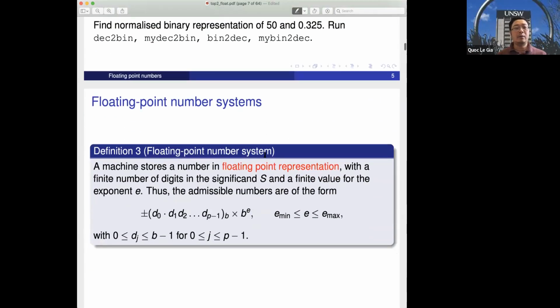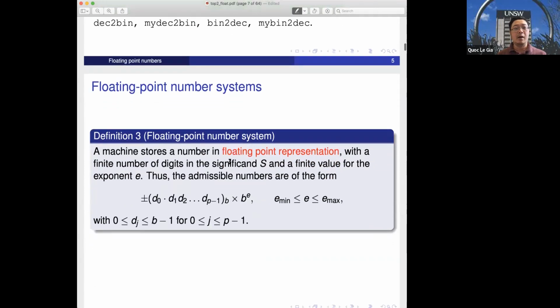Okay, so now go back to the floating point number system. Because you cannot store infinitely many digits inside the computer. Who knows, in the future we might have quantum computers, but that's science fiction. But right now, in any modern computer system, you have only finitely many digits in the register, and that's why we chop it at, say, p digits.